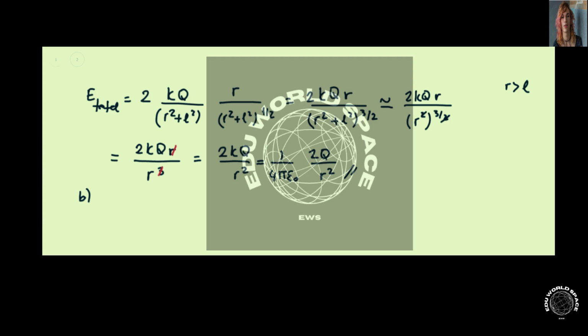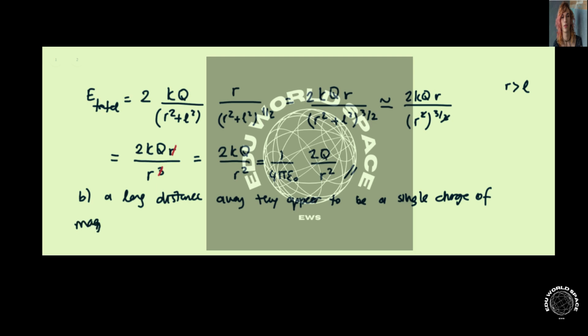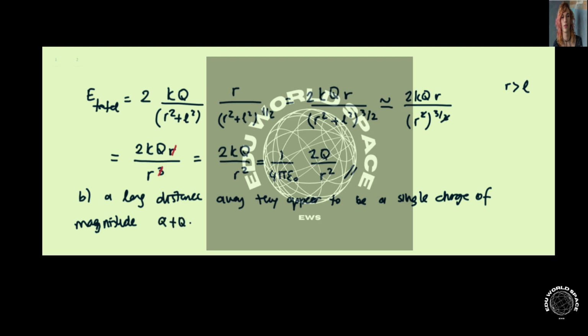So let's say at a long distance away, they appear to be a single charge of magnitude q plus q equals 2q.